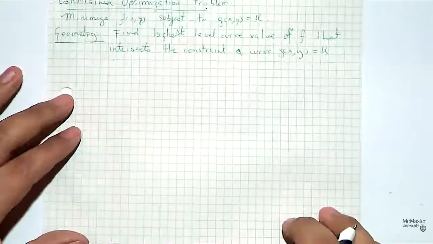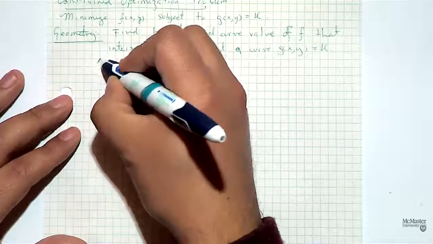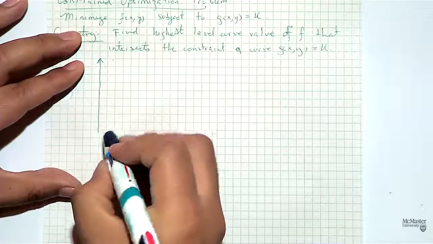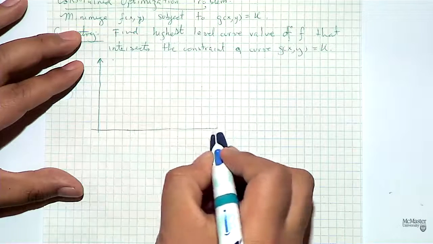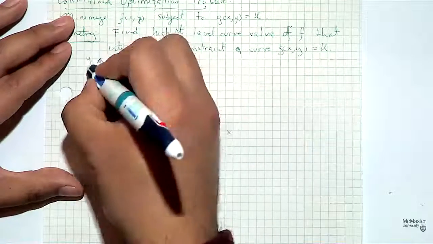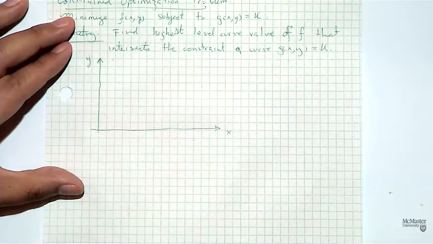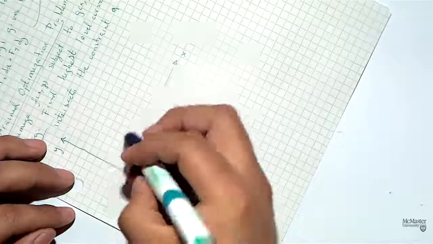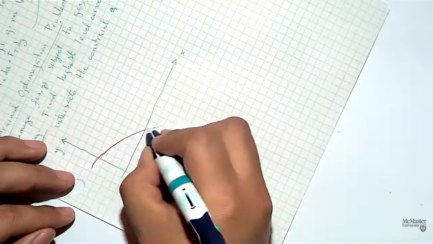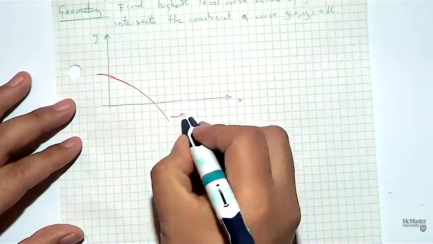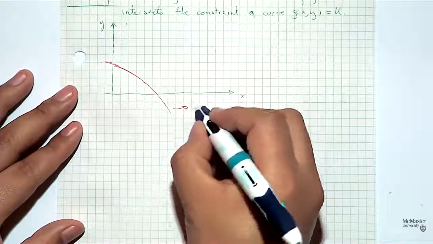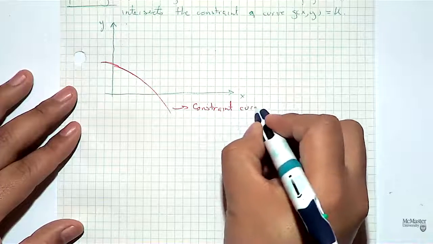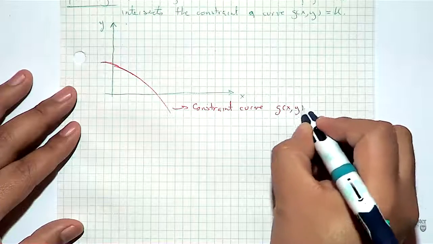And so we made a picture trying to anticipate the concept, which is quite illuminating. You have the x-axis, the y-axis. You have a constraint curve that I'm going to draw now. So this is the geometrical representation of the so-called constraint curve g of x y equal to k.